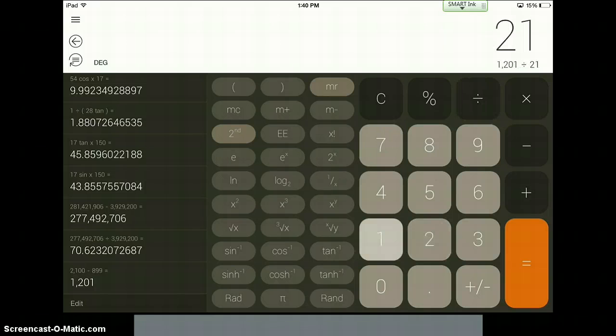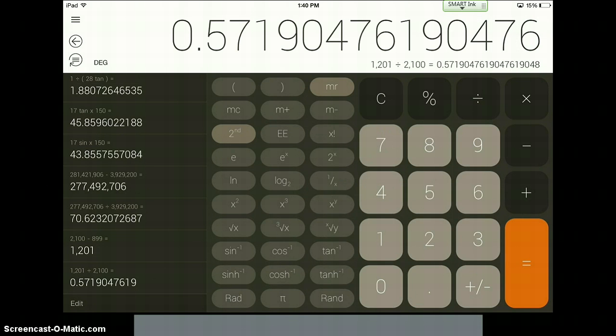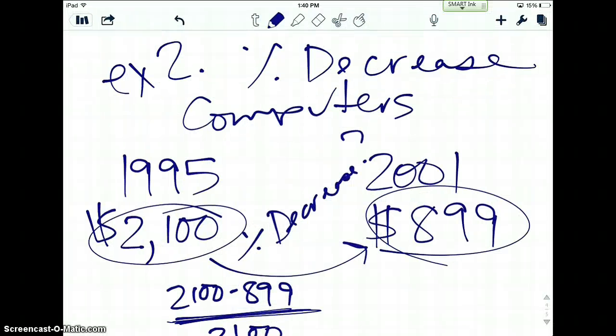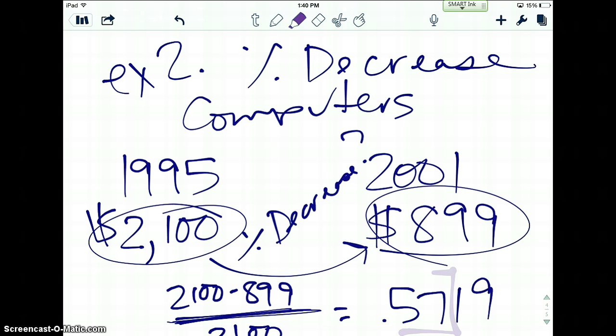Now to find the percent, I'm going to divide it by what I originally started out at, $2,100. And there's my decimal, 0.5719 approximately. And if I convert that to a percent, it's the hundredth spot.